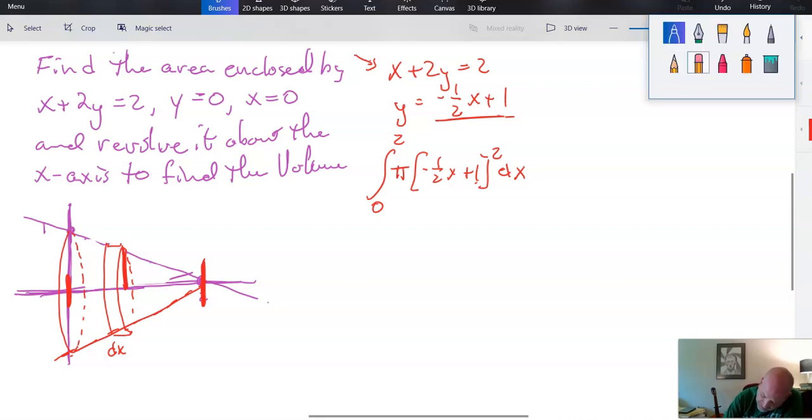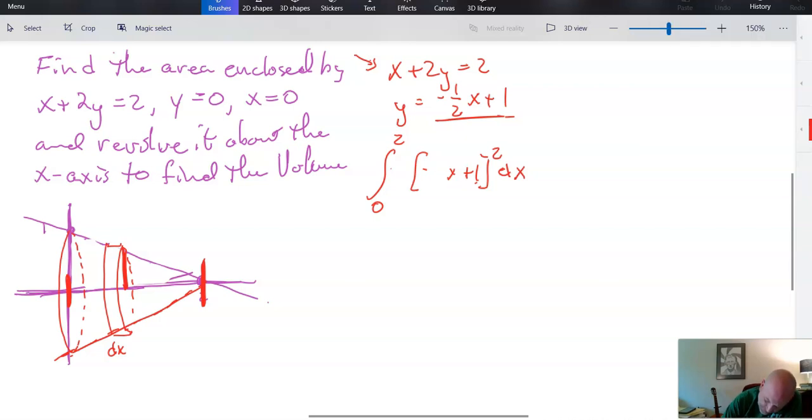I'm going to move this pi out. There we go. Okay, so we have to square this. Actually, this isn't a bad way to do it. This is a little quick review.